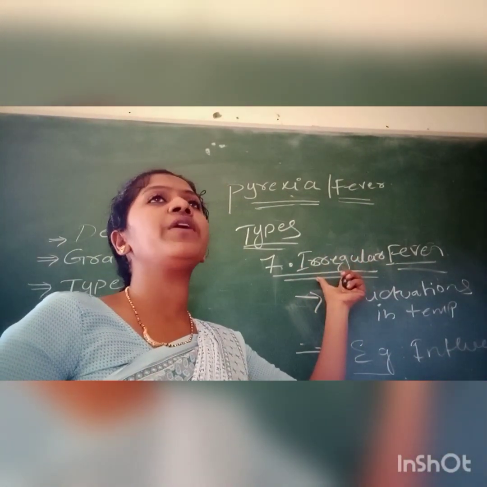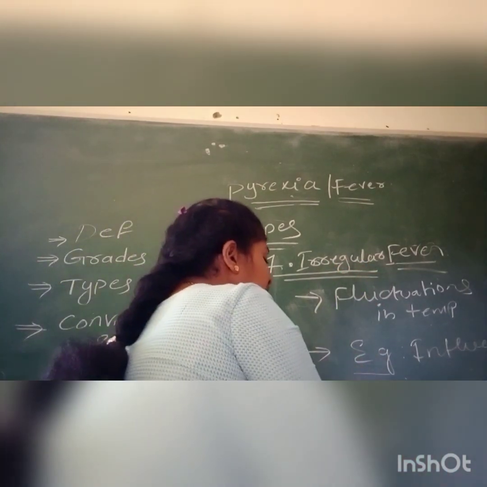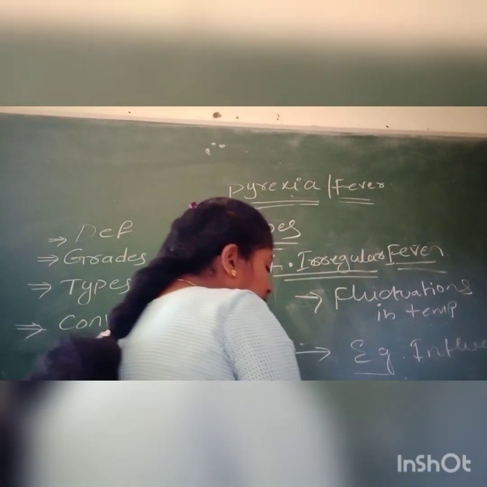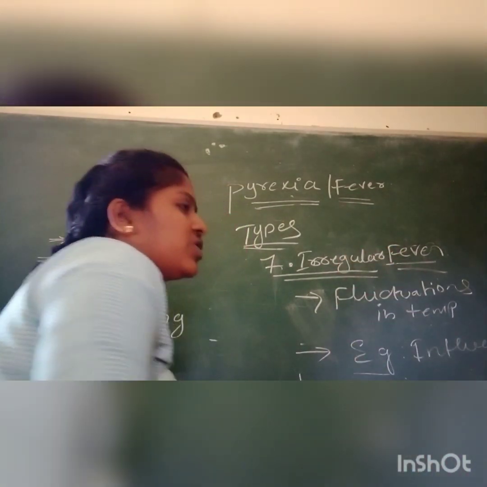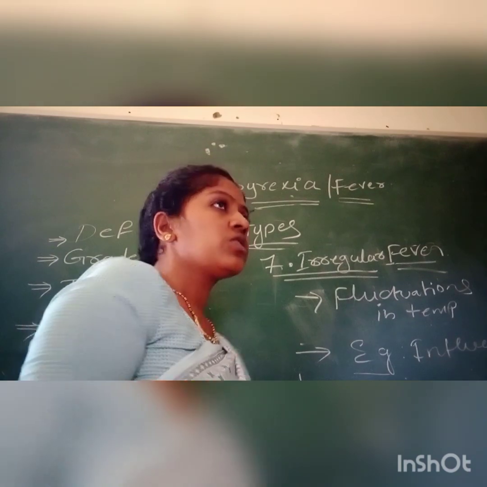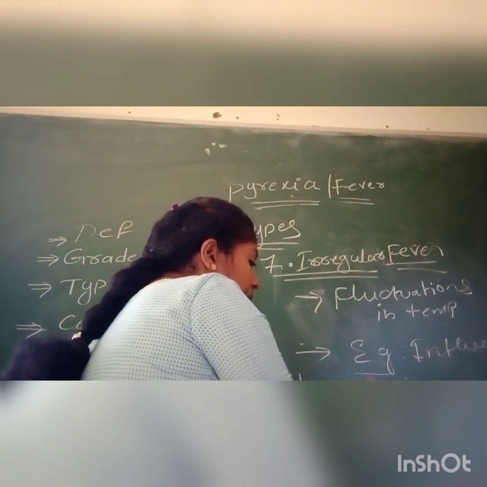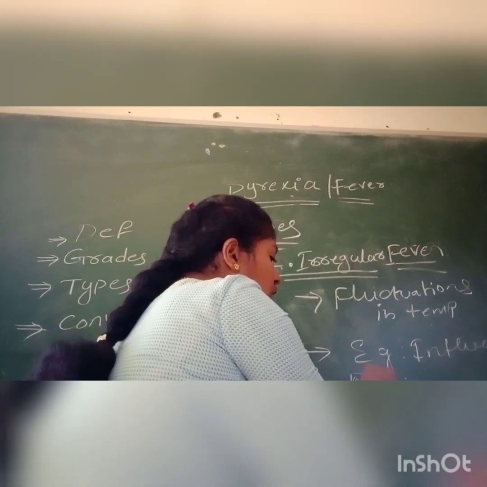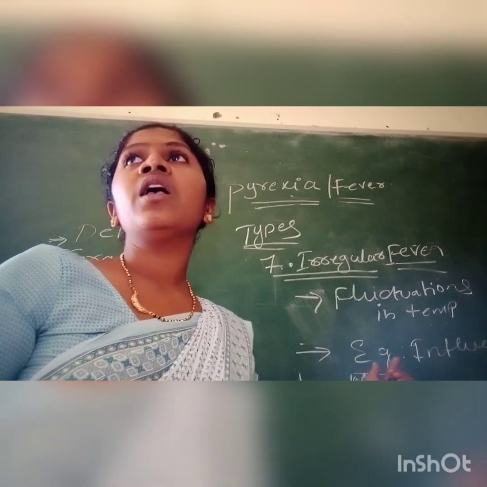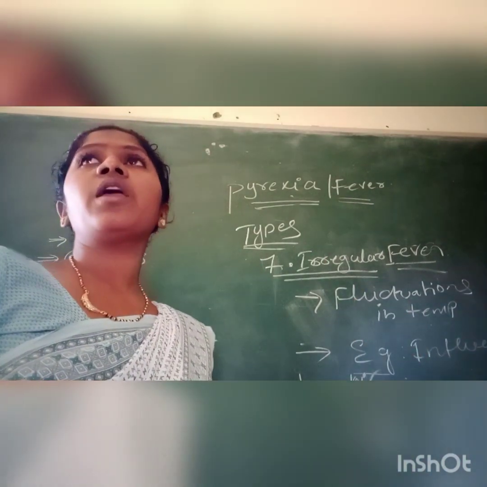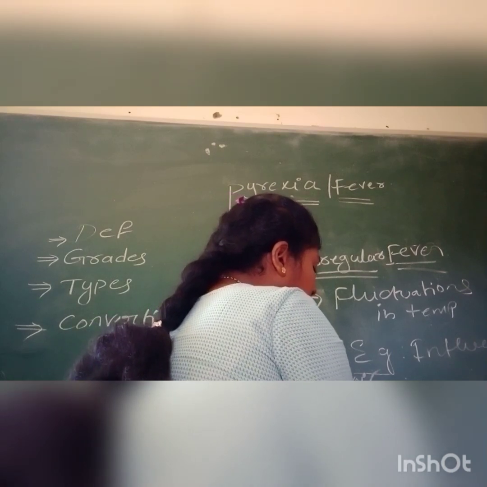Next type, the seventh one, is irregular fever. In the name itself it is saying that the fever is irregular. That means fluctuations. Within the same day itself, there are many fluctuations in the body temperature. So if at 10 o'clock the body temperature is normal, and it increases by 1 degree Celsius or Fahrenheit by 10 or 11 a.m., again it falls by 12 p.m., again it comes down to the normal.